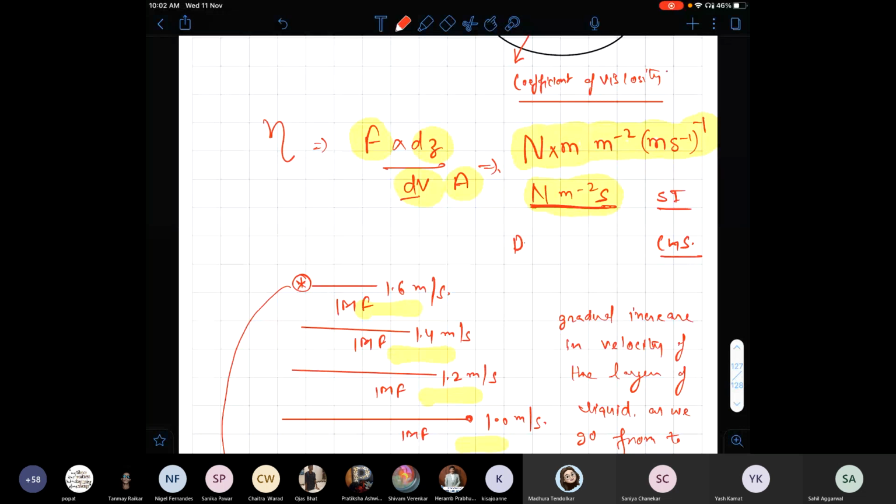CGS में डाइन सेंटीमीटर स्क्वायर इनवर्स सेकेंड. ये CGS में हो गया. Understood? All of you?